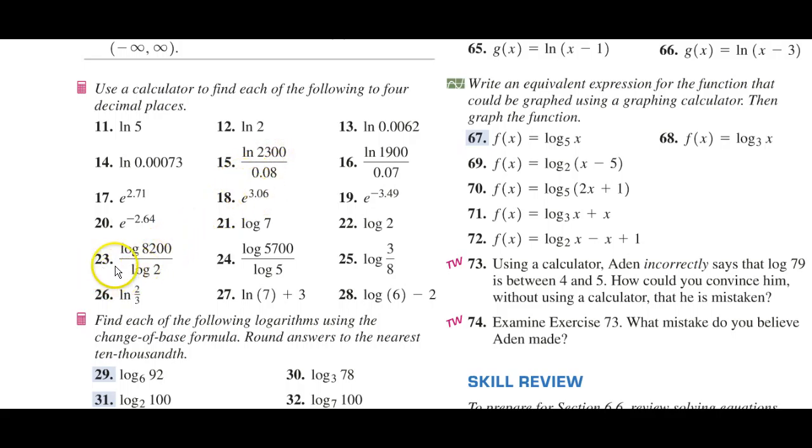Down in number 23, just to show you some other things, it's log of this divided by, now you have to hit log again of this. So you'll have some practice using your calculator to do these, and again your Quizmaze, and then eventually your test. We only have one more section to do in this course.